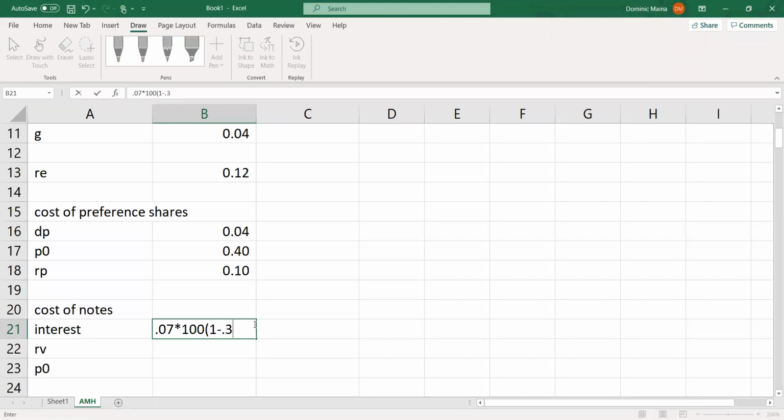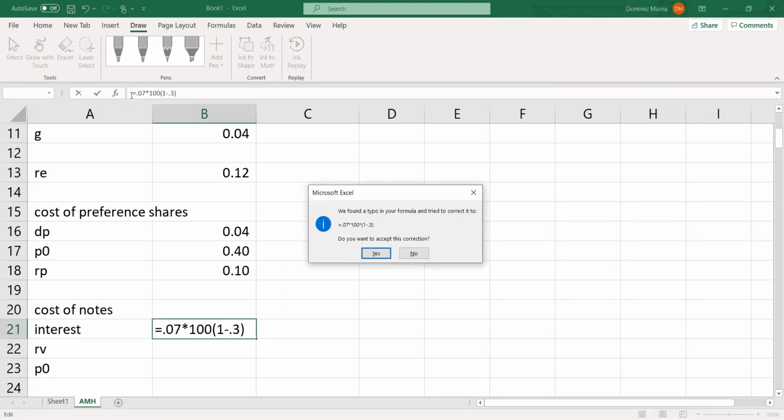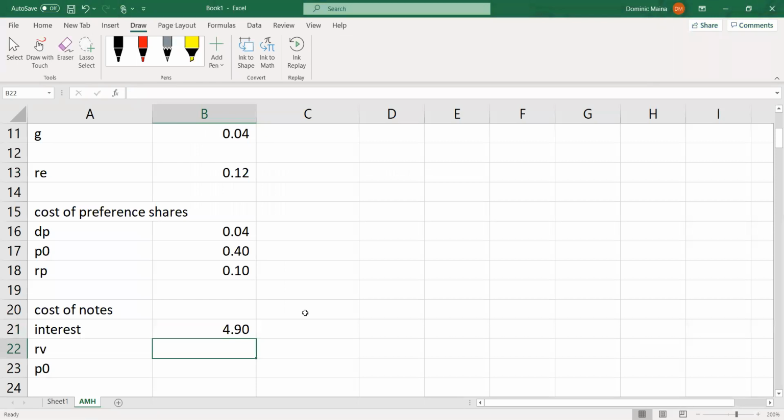And we get 4.9 to be the net interest income to be received by the holder.